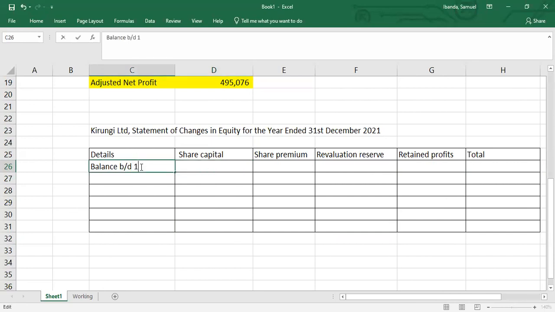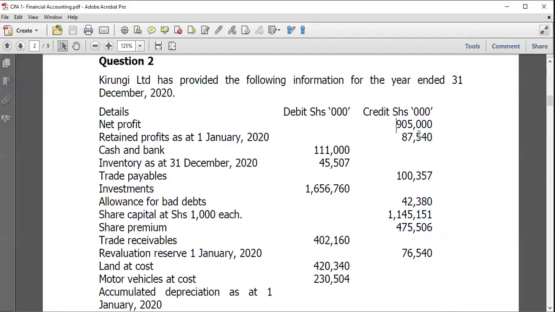So this balance brought down is at 1st January 2020, at the start of the year. You come and put all your balances for each of these items at the start of the year, and all that information you can get from the information that the examiners provided. This is the retained profits; the balance at 1st January 2020 is that.